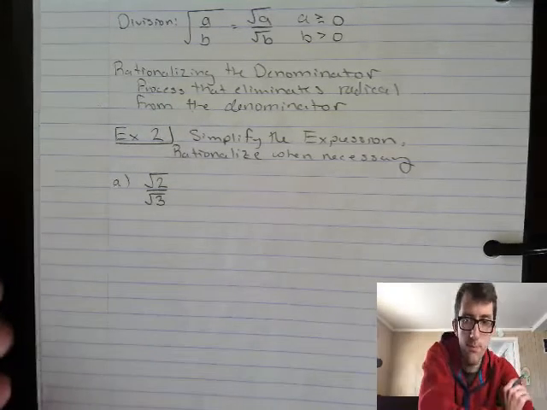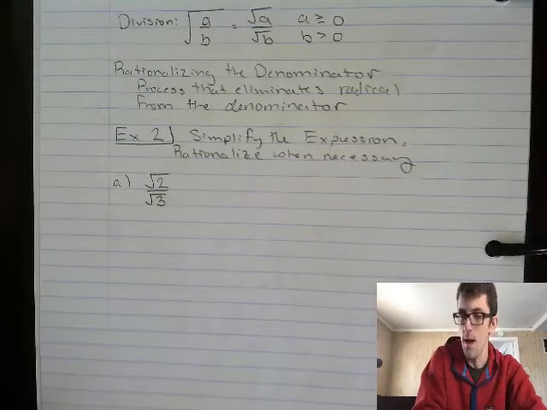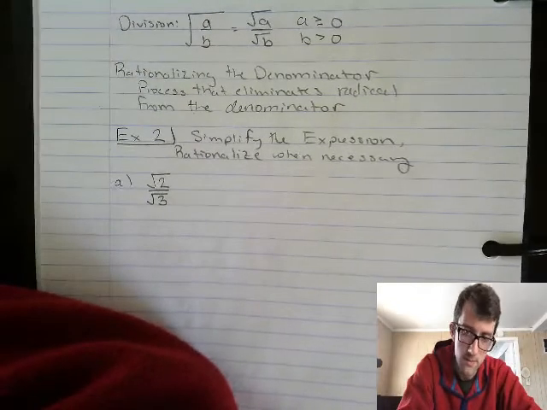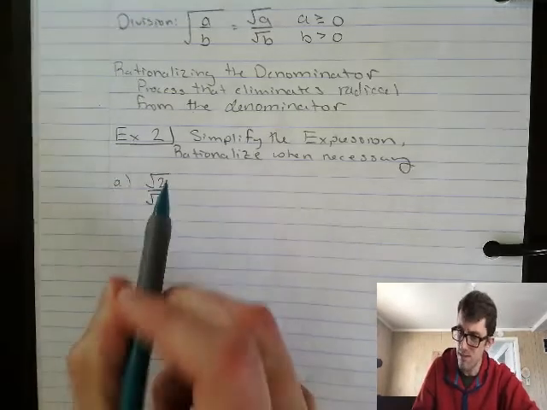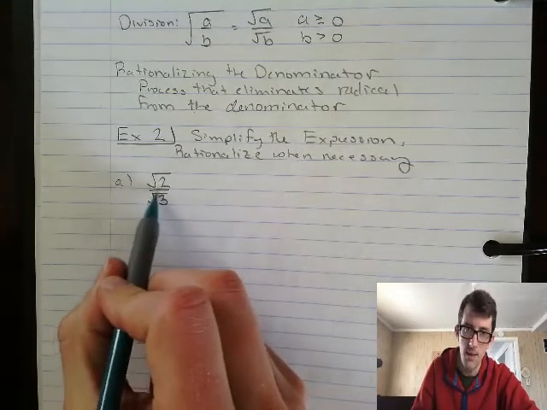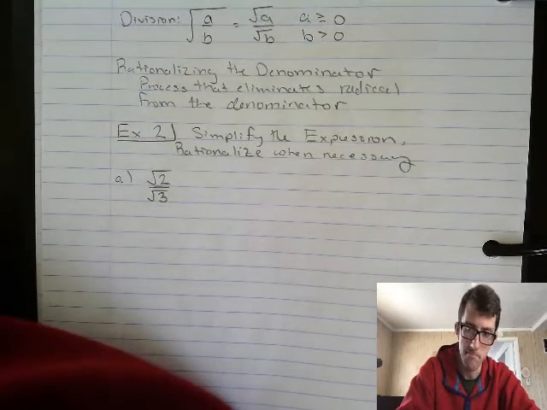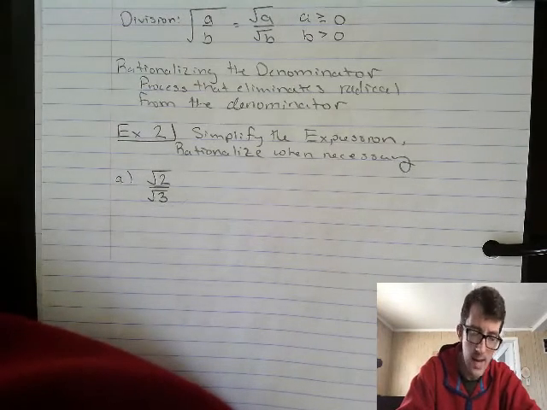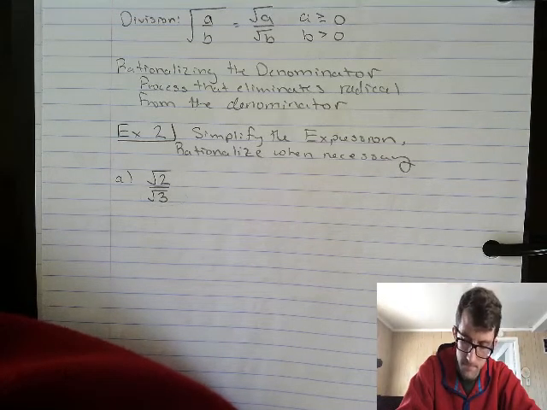Okay. So let me just throw this out there. How do you think, using a mathematical process that we already know, we could get rid of this square root of 3 on the bottom? Go ahead and take a second, maybe think about it a little bit.